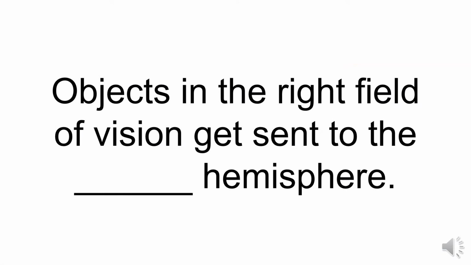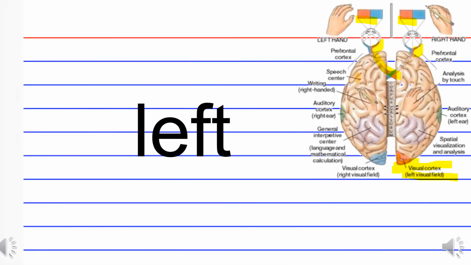Objects in the right field of vision get sent to the blank hemisphere. So if an object is in your right field of vision, which hemisphere does it get sent to? Okay, here I have highlighted the left visual field, but I really meant to highlight the right visual field.